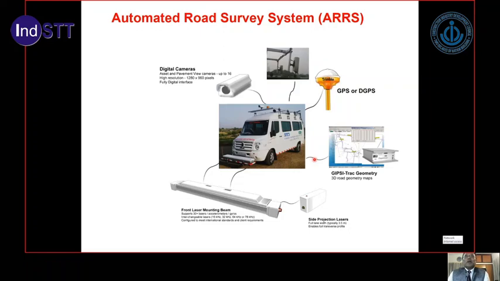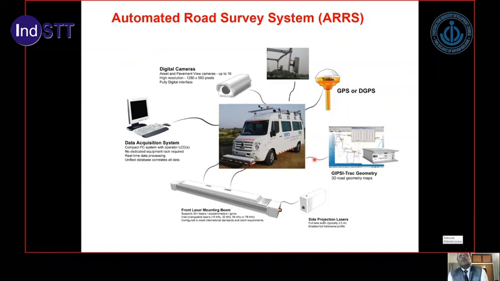It has a digital camera. It takes the images, and then the data acquisition system. Sometimes we have to carry out the analysis when we bring the data from the field to our office. But the advantage of this system is that you can do the analysis of the data in the field itself, in real time.